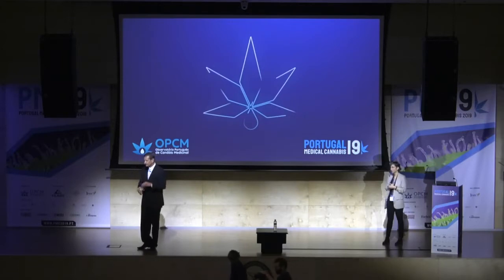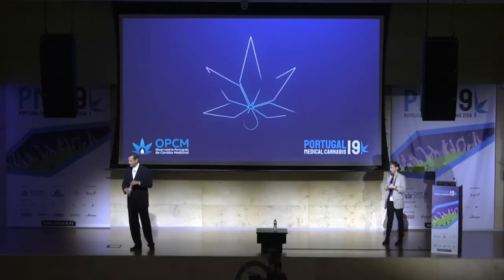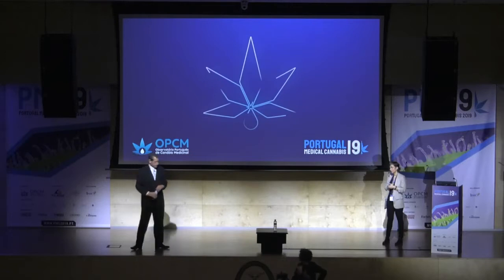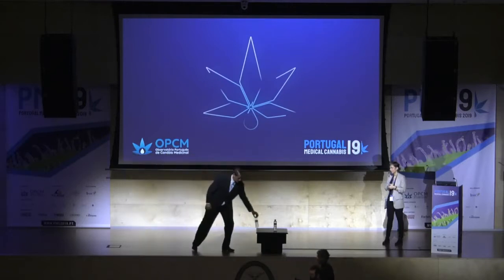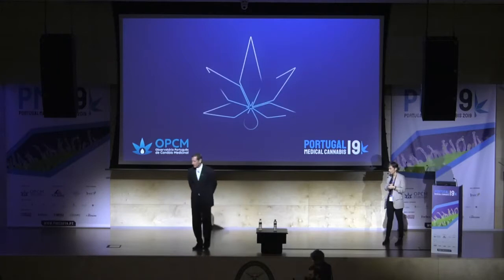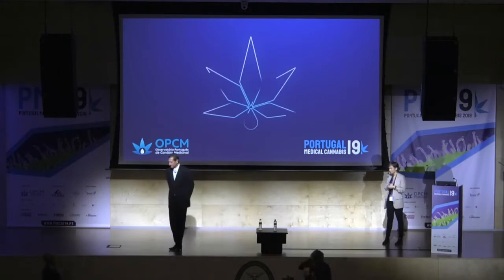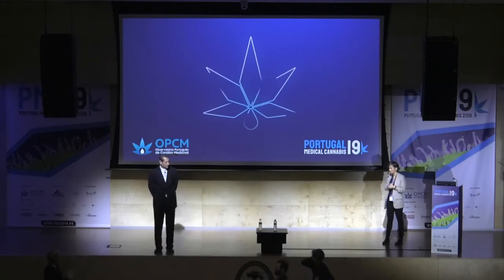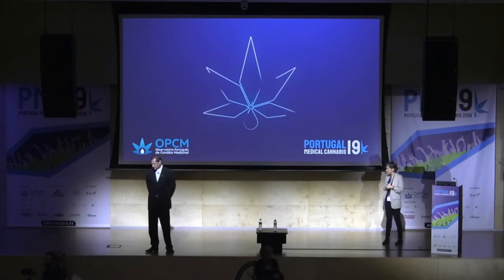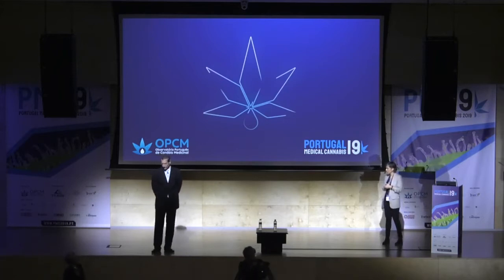And my question is about food. For example, fruits, spices, or something about food that can help cannabinoids work better in our body. I don't know if you can tell us or help us about what kind of fruits or spices.